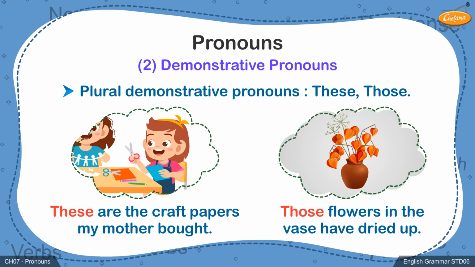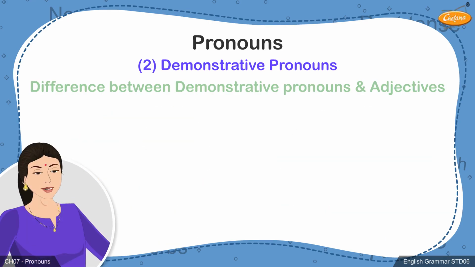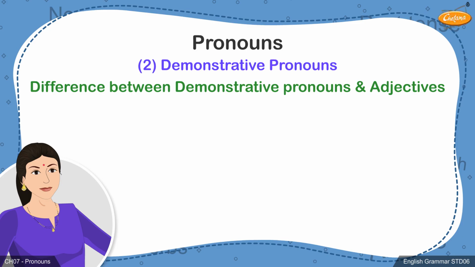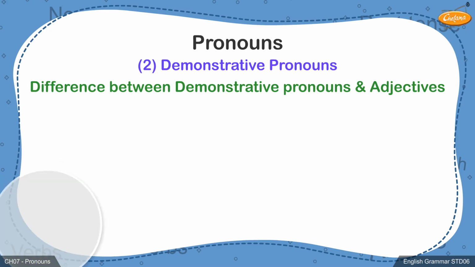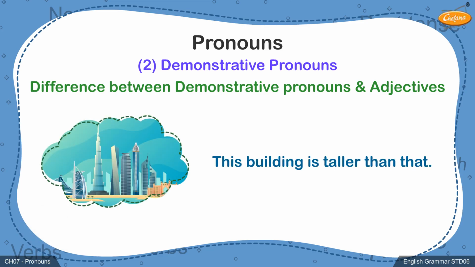Students, now that you have understood the usage of demonstrative pronouns, let's understand the difference between the uses of demonstrative pronouns and demonstrative adjectives. For example, this building is taller than that.